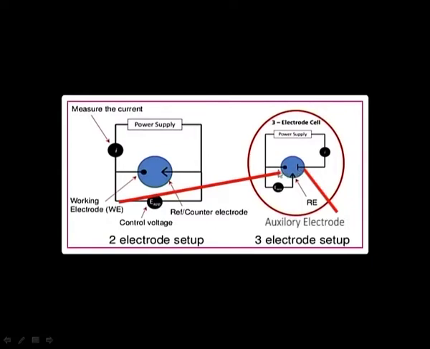Here 99% current flows between working and auxiliary electrode, and the reference electrode is used only for measuring potential, and therefore, less than 1% current flows between working and reference electrode, and therefore, the potential of the working electrode remains constant.